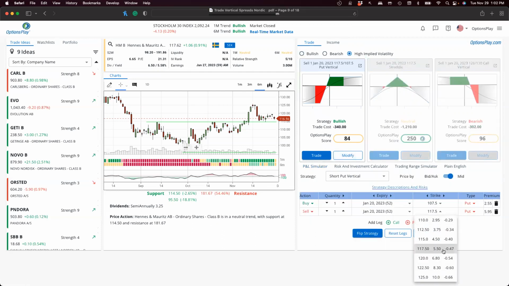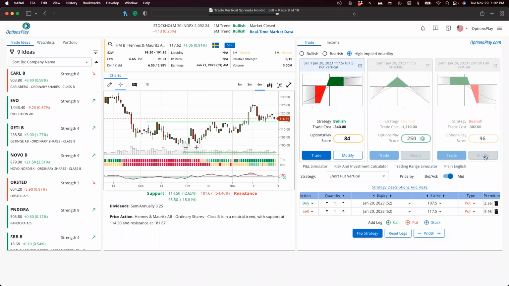So if I'm selling the 117.5, that's the first out of the money option. The stock's currently trading at 117.62. I'm selling the 117.50, the first out of the money option, and then I'm buying the 107.5 strike price, which, as you can see, is 24 deltas. That's the closest to the 25 delta that you typically want to use with a credit spread like this.